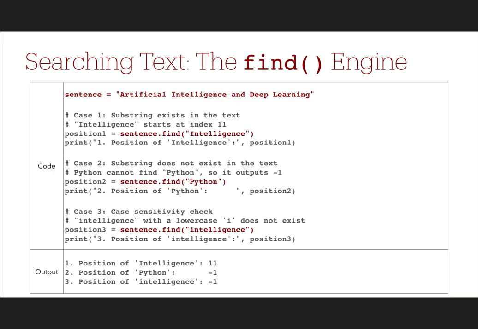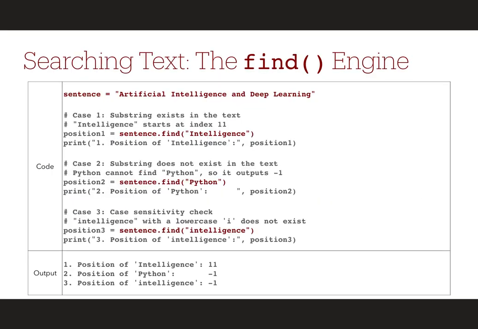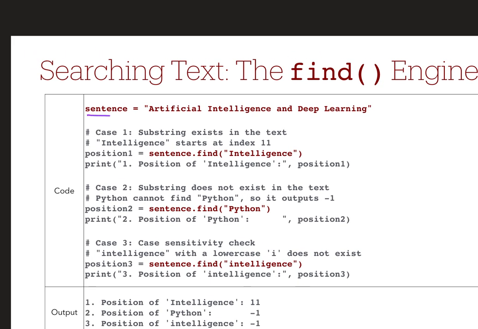So here is some example. Suppose that I have this sentence, artificial intelligence and deep learning. If I try to find intelligence, it will search from the letter A to see if this sentence has intelligence.